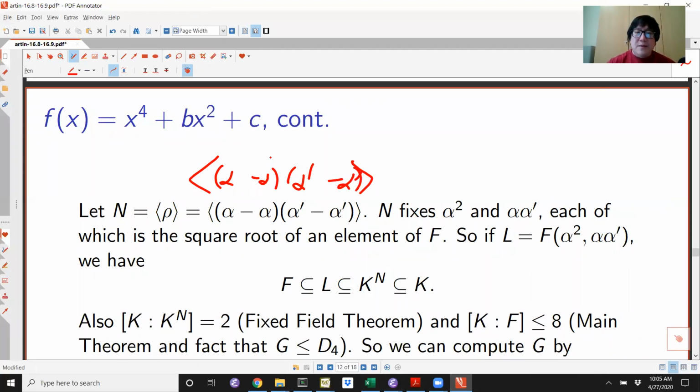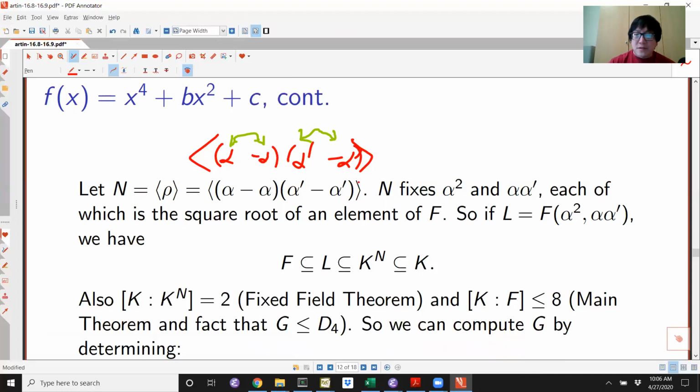Since this permutation just sends alpha to minus alpha, that fixes alpha squared, and since it also sends alpha prime to minus alpha prime and vice versa, it preserves each of alpha squared and alpha prime. And each of those is a square root of some element. If you square those, then you get some element.